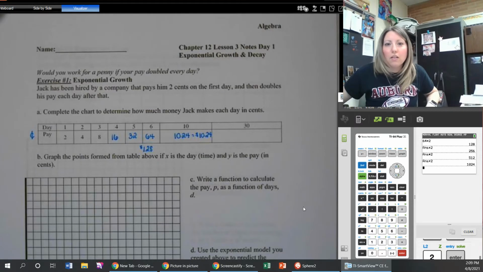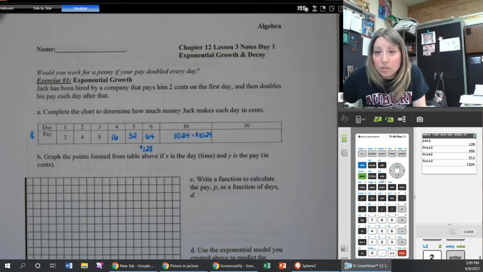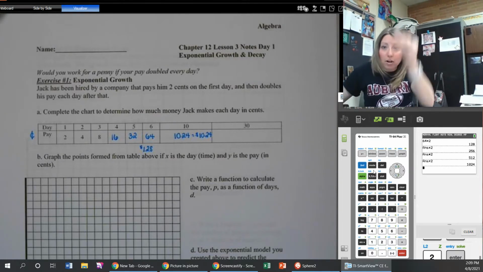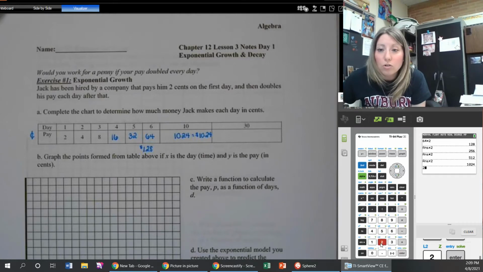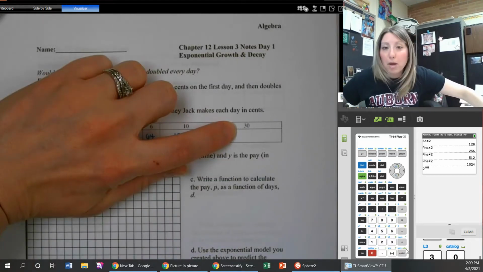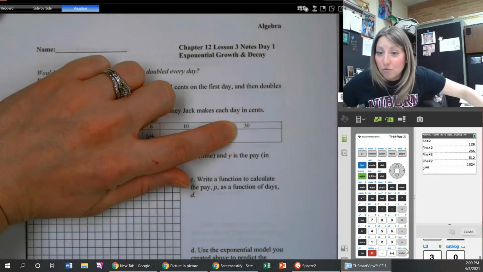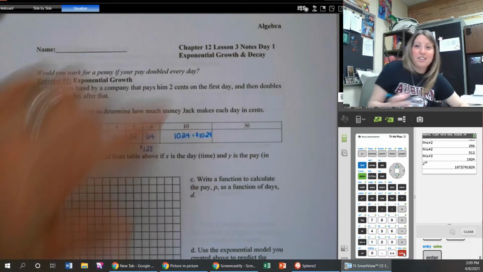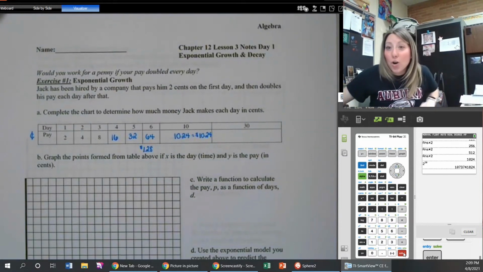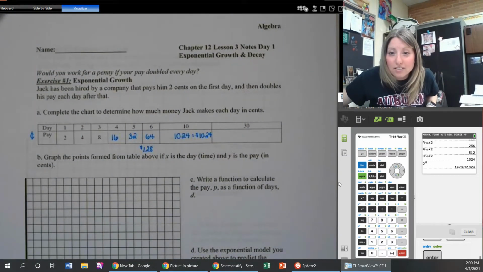So now let's think about, what are we doing? We're raising 2 to the day power, right? So 2 to the 30th power gives us how much we'll get paid on day 30 of work. Wow. Can you see that?